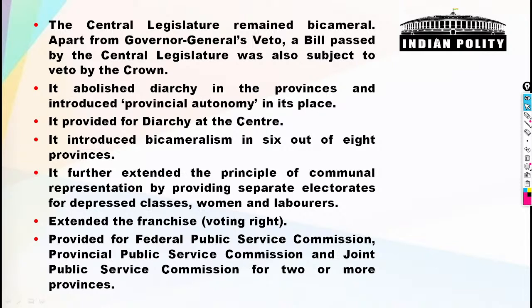So bicameralism was provided in 6 provinces, and it further extended the separate electorate system for depressed classes, women, and laborers. So it is the third act that deals with the communal or separate electorate system. So that is the thing you have to remember.